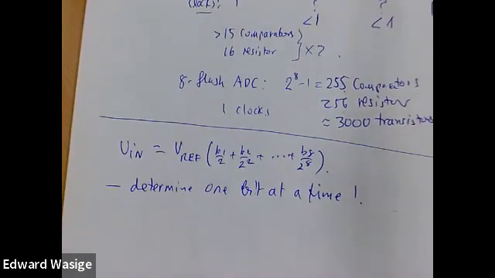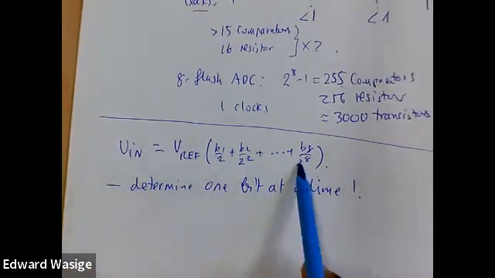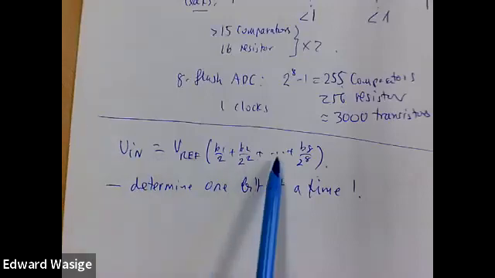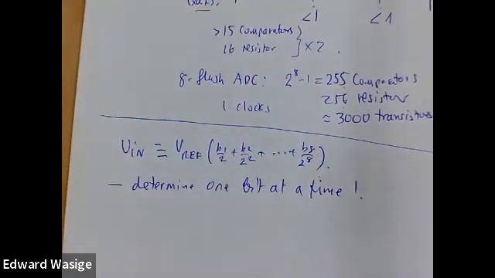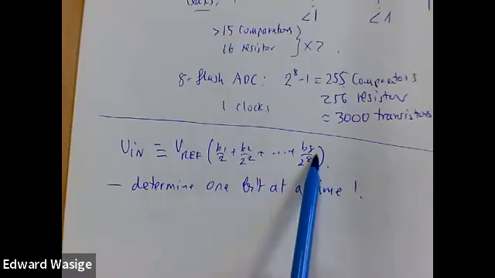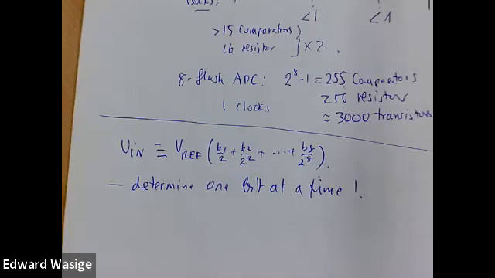And how do we do that? We know in this particular case, if we're looking to represent our input voltage with the 8 bits, so approximate Vin with the 8 bits.